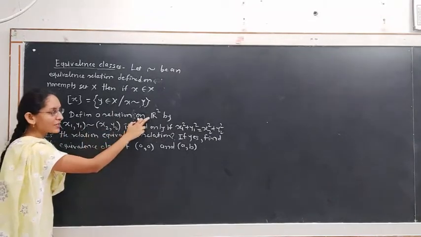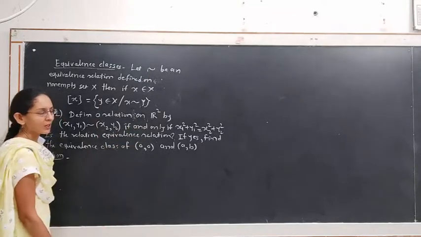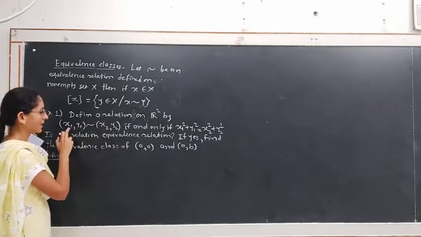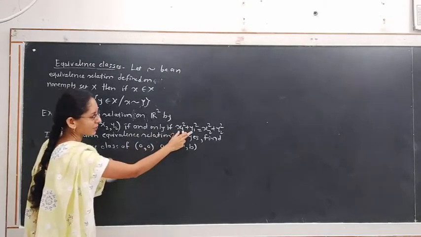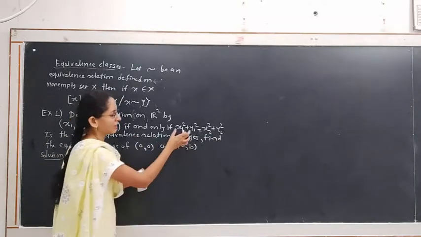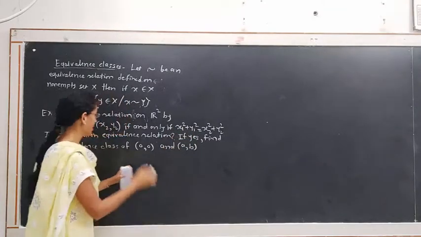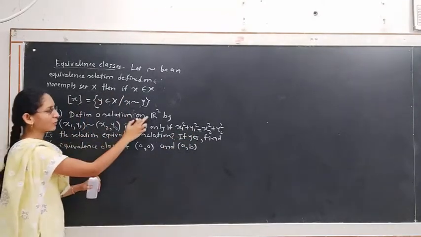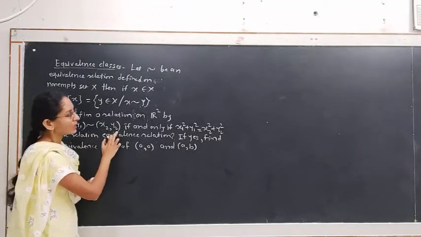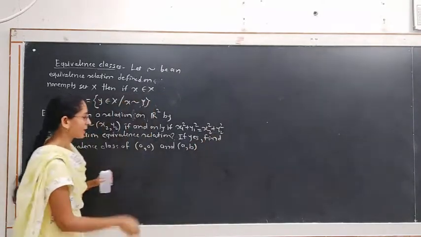We are defining the relation by saying these two elements are related if and only if x1 square plus y1 square, the coordinates of the first element, satisfy this condition. The second element is (x2, y2), satisfying this condition, x2 square plus y2 square.